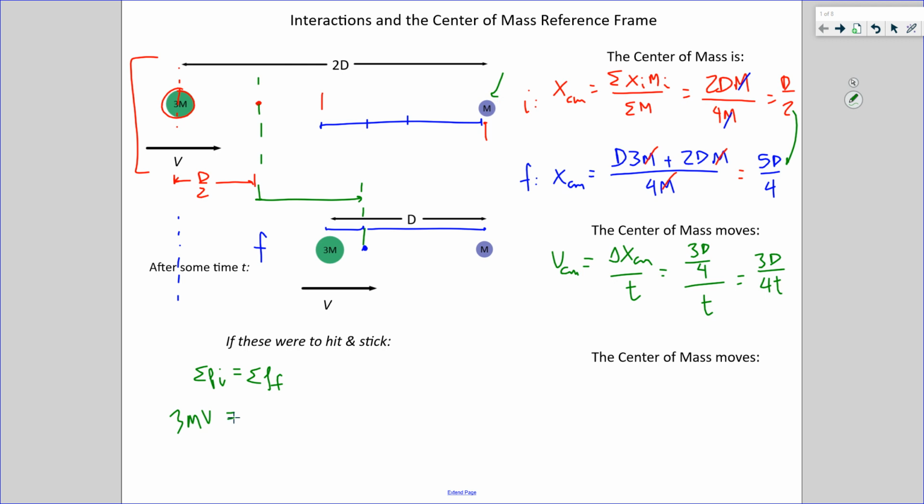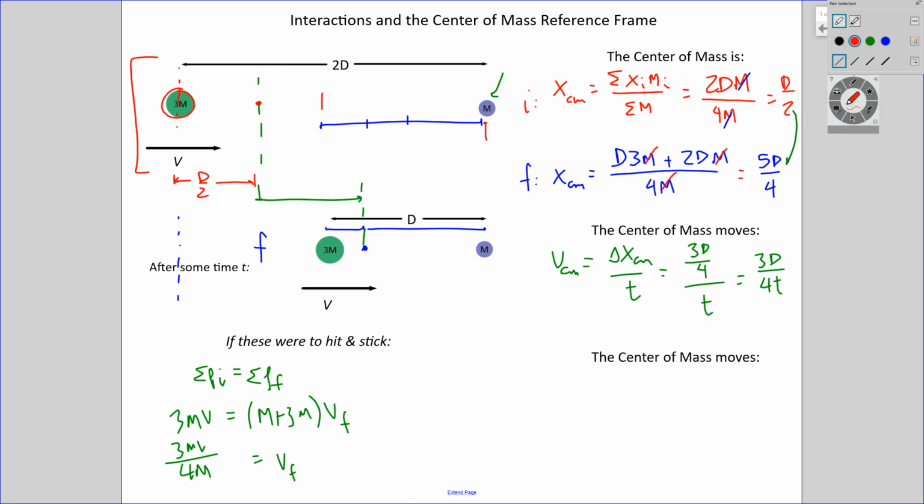If they hit and stick, what they do is, at the end, the two of them move at some final velocity. So what we get is 3mv. We get that v final is 3mv over 4m, or the final speed of this system will be 3/4 of that initial velocity.